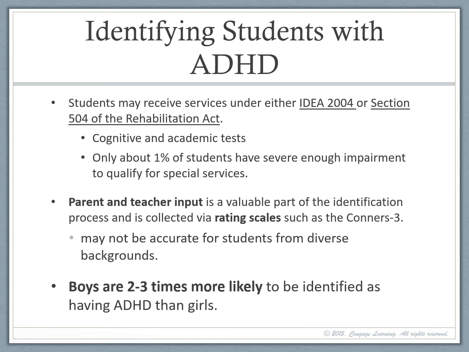Only about 1% of students have severe enough impairments to qualify for special services. And so something to keep in mind is that unless a child has other issues in regards to having special needs, ADHD by itself, as mentioned, is not considered severe enough to require services.